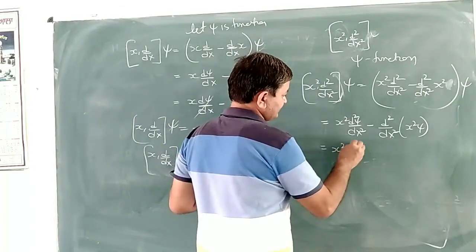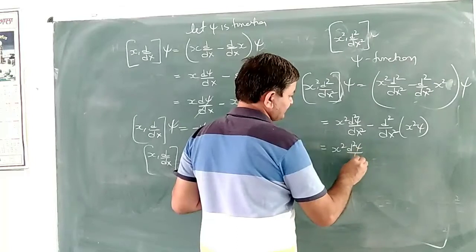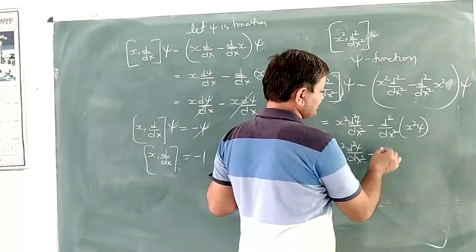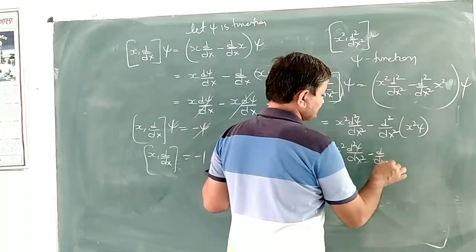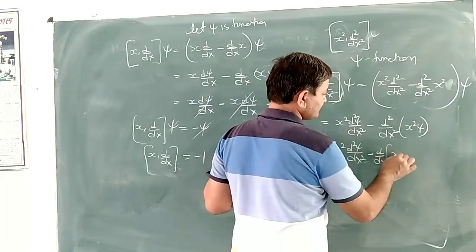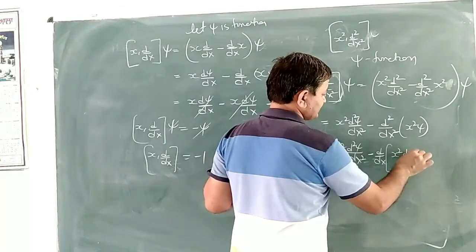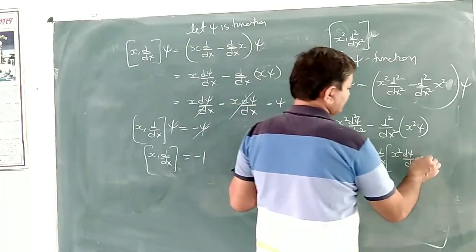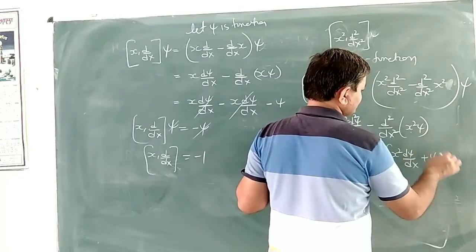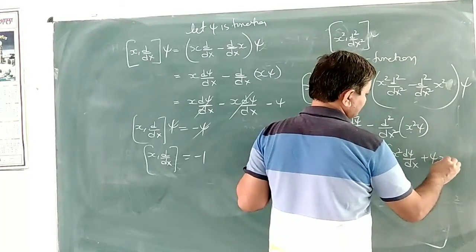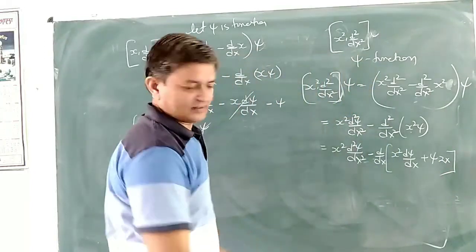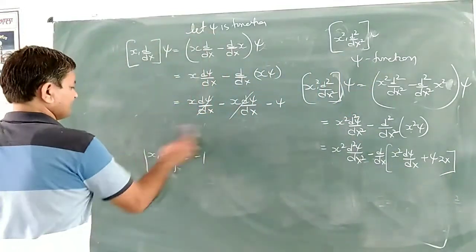It will be x squared d squared psi divided by dx squared, and here is the double differentiation. So d by dx of that, x squared is as such and differentiation of psi is d psi upon dx. Then here is the psi as such and the differentiation of x squared is 2x. So this is what we have solved up to here.